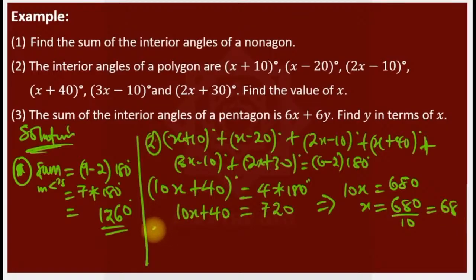So finally, the last one, they said the sum of the interior angles of a pentagon is 6x plus 6y. We are asked to find y in terms of x. Whenever you're asked to find y, something in terms of something, they're telling us to make y stand alone. You move the others to the other side of the equation.